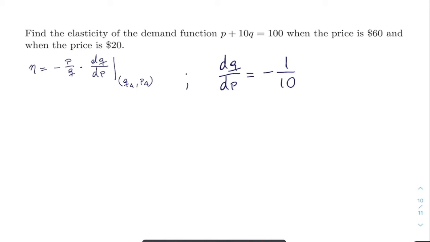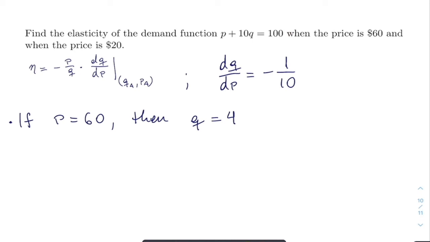So if P is equal to 60, that is my first case here, then the quantity is equal to 4 by plugging it in our equation.